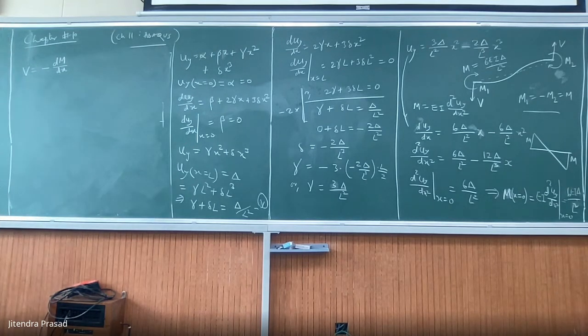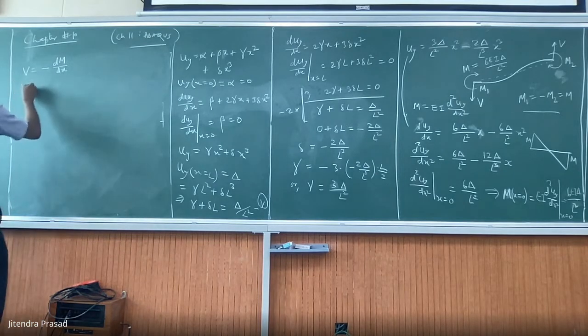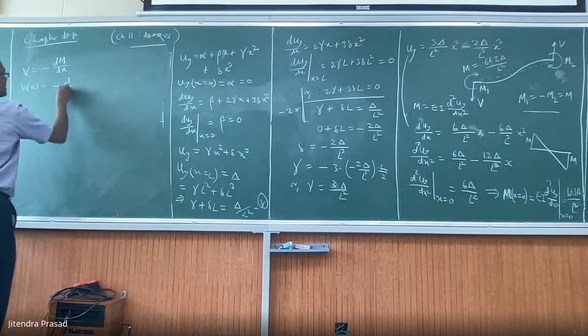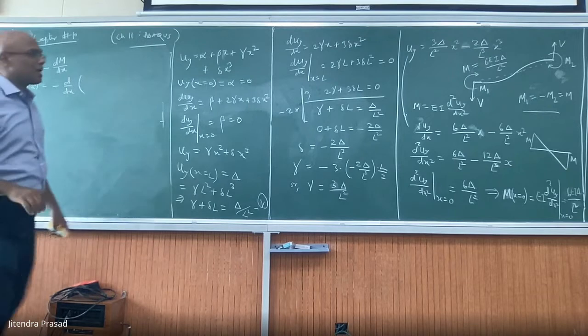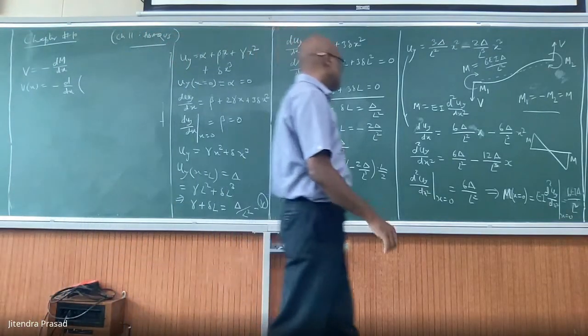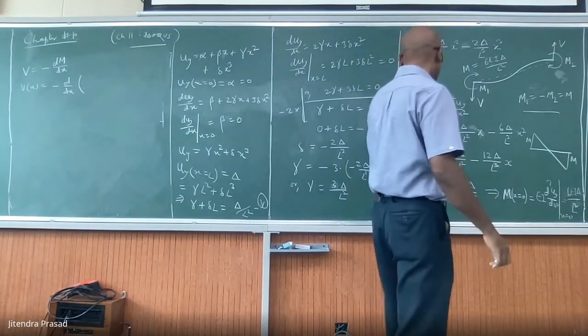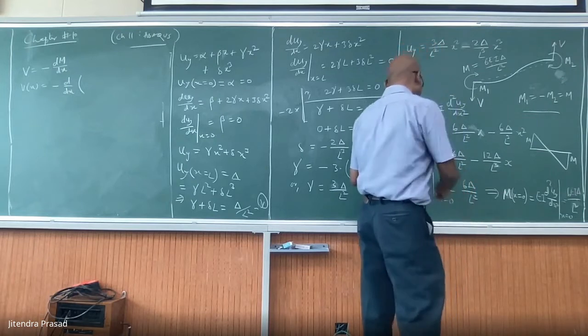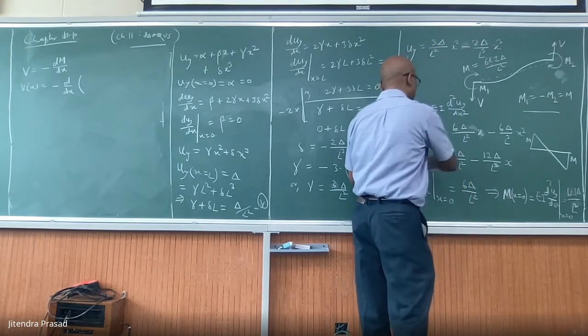Yeah. Okay, and hence V of x is equal to minus d over dx of m. V has already been derived, right? And m is equal to EI multiplied by this, right?